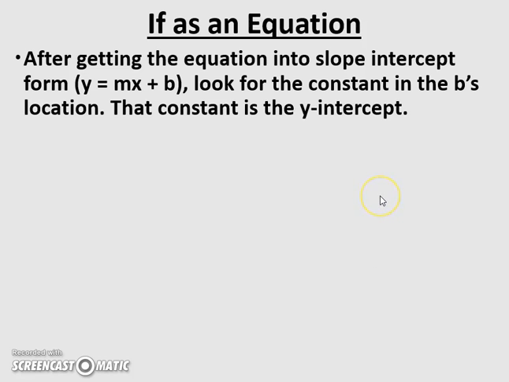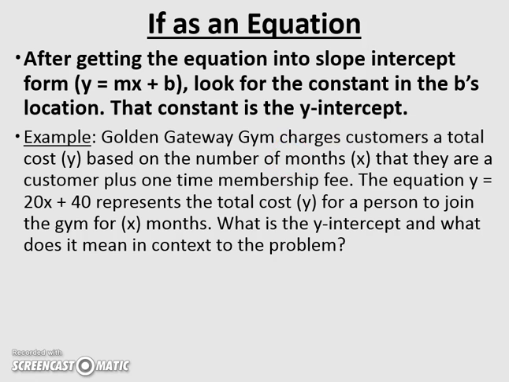Let's look at our last type, an equation. After getting the equation into slope-intercept form, which looks like y equals a number times x plus another number, look for the constant in the b's location. That constant is the y-intercept.